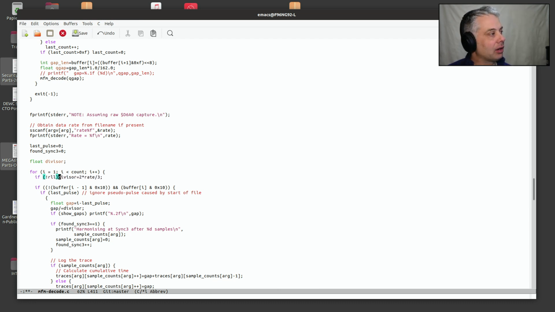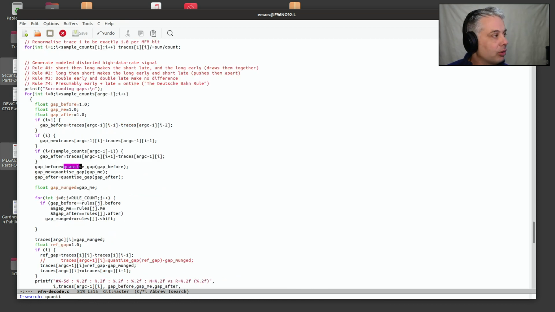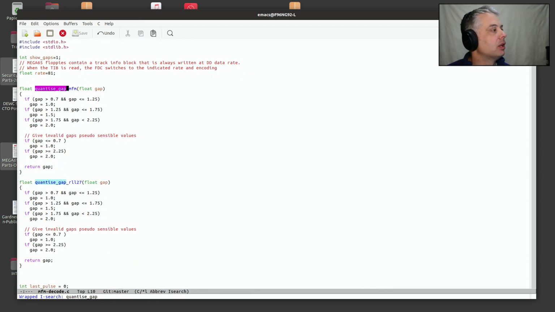If not RLL encoding, divisor is equal to that, else divisor is equal to rate on 3. And then we have the quantize gap MFM and RLL.